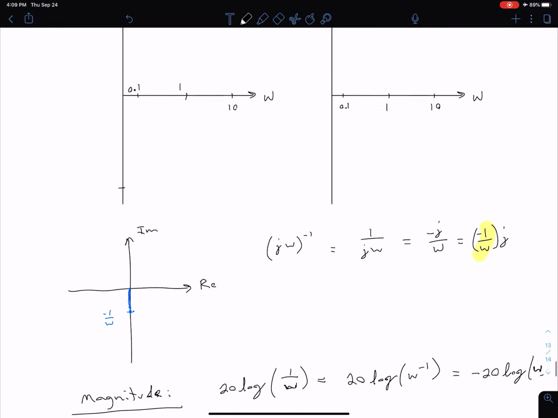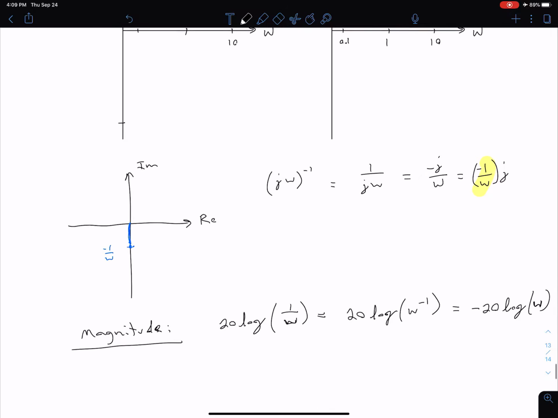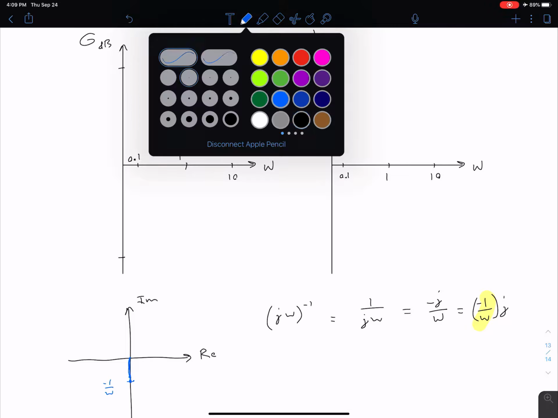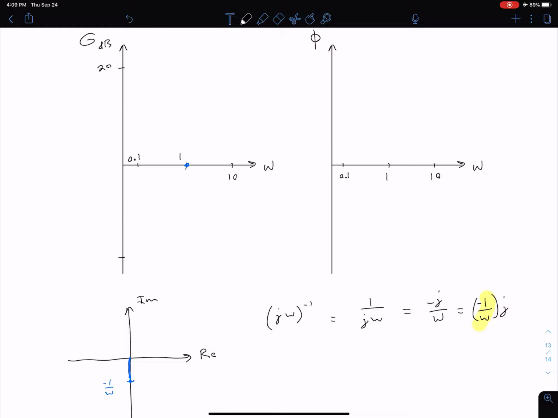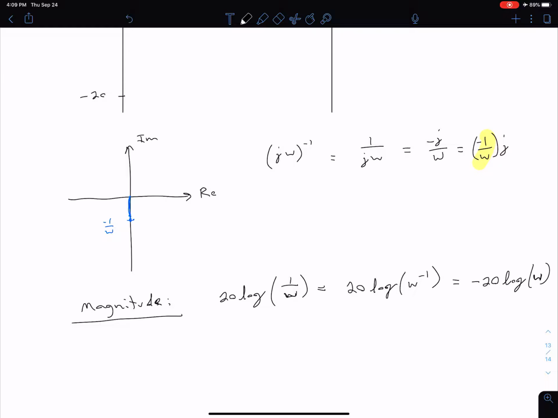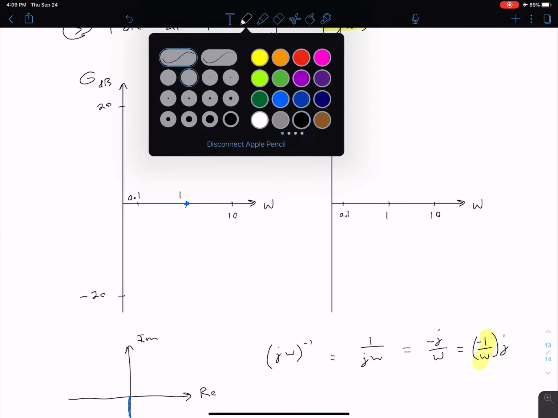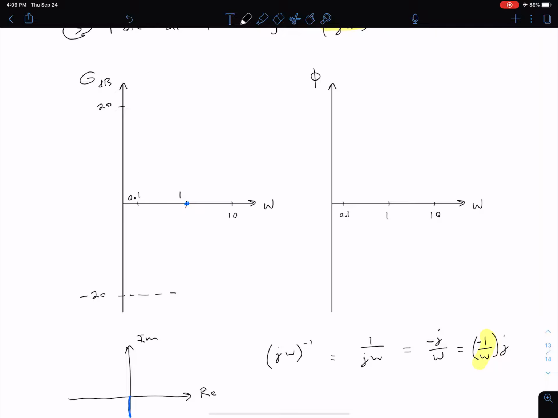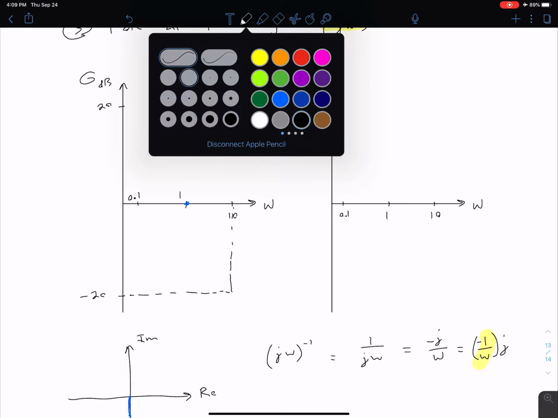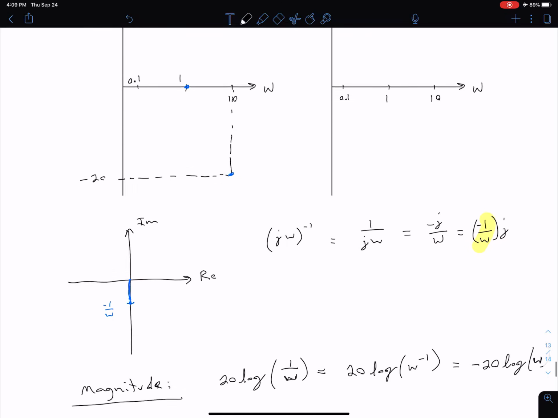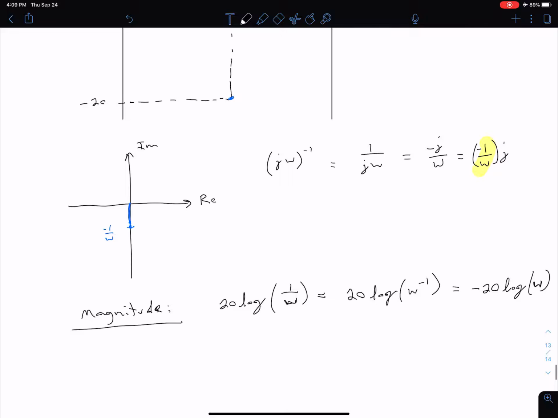So again, if we consider omega equals 1, log of 1 is 0, so we're going to be at 0. So we still have this same point here. So now let me go ahead and label this as 20 and minus 20. And so what we can see is if we plug in 10 for omega, log of 10 is 1. So for 10, we're going to be at negative 20. So let me actually draw this first. And so we're going to have a point there. And then if we went the other direction and plugged in 0.1, log of 0.1 is negative 1.